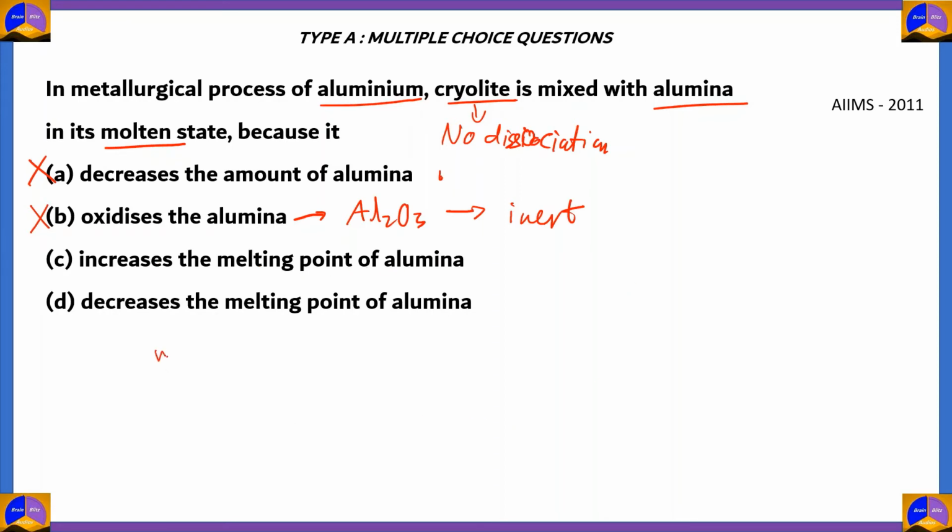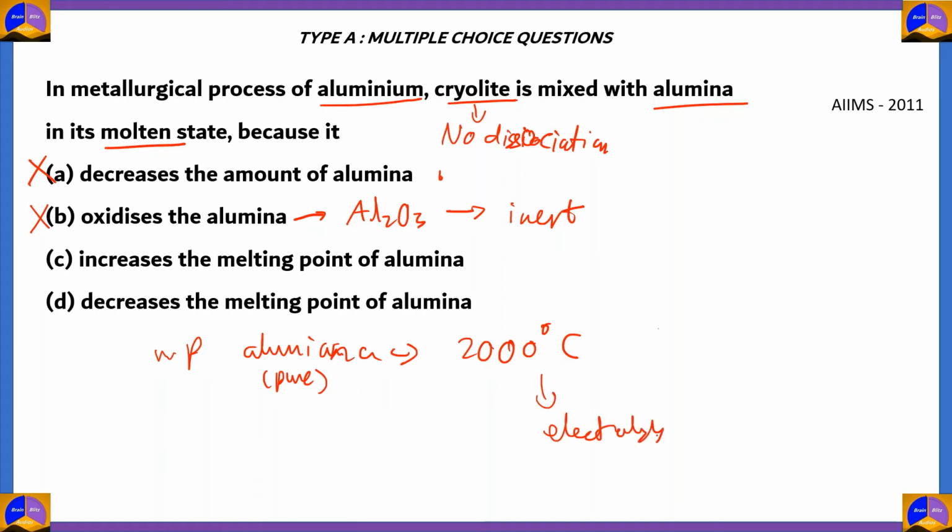The melting point of alumina is 2000 degrees Celsius. And at this temperature, which is pure alumina, electrolysis does not take place.